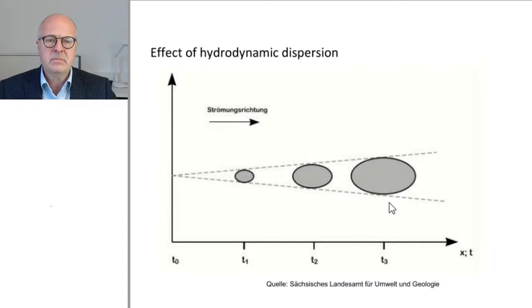Now, as a result, your tracer cloud will grow. It grows stronger in the longitudinal direction, in flow direction, and less in the transverse direction. So this is why you get these elliptical shapes as a result.